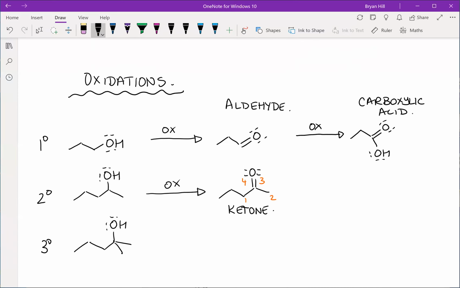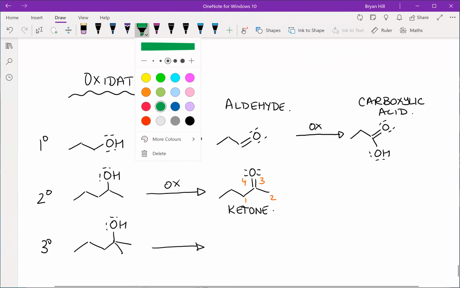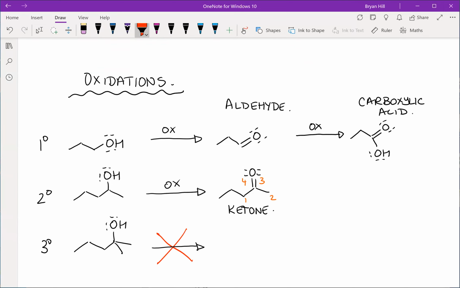Tertiary alcohols, likewise, there is no oxidation of a tertiary alcohol because if we draw this, the problem is we've got too many bonds to carbon, right?